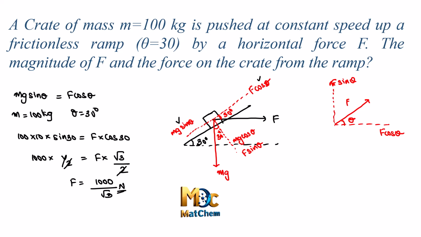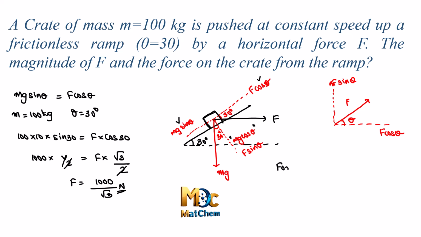Now we need to calculate the force on the crate from the ramp. Here you can see this is the crate. What is the force acting on the crate from the ramp? It has two components: the force because of the weight of the object, as well as the force applied in the horizontal direction.